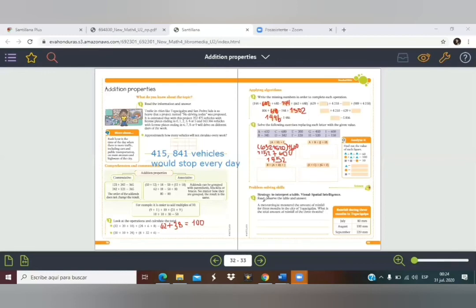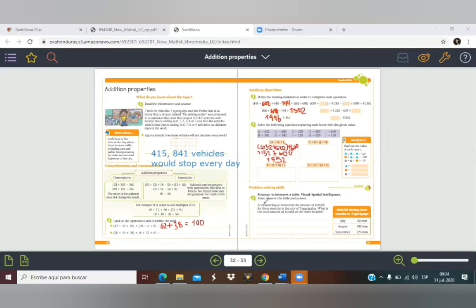Now, here in this part, problem solving skill, strategy to interpret a table, visual spatial intelligence: read, observe the table and answer. Here it says, a meteorologist measured the amount of rainfall for 3 months in the city of Tegucigalpa.